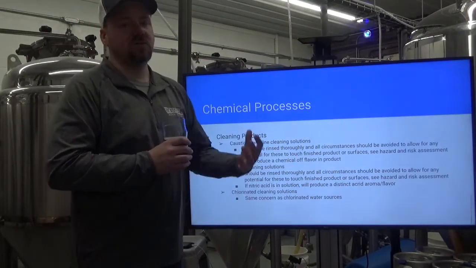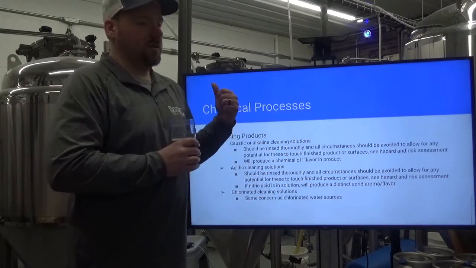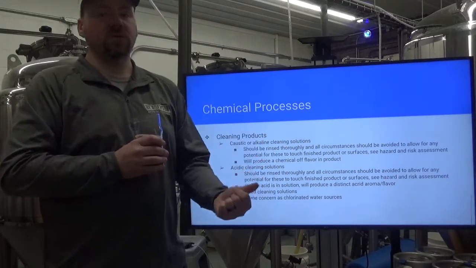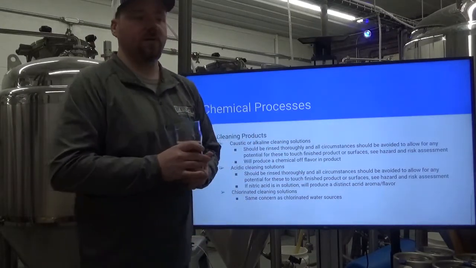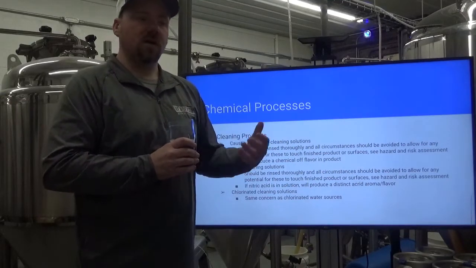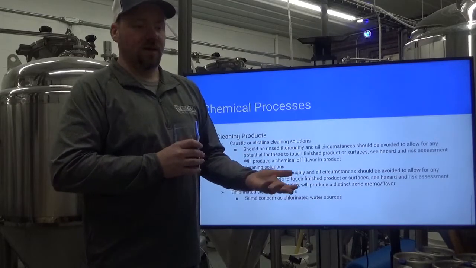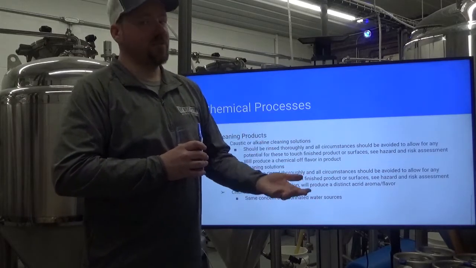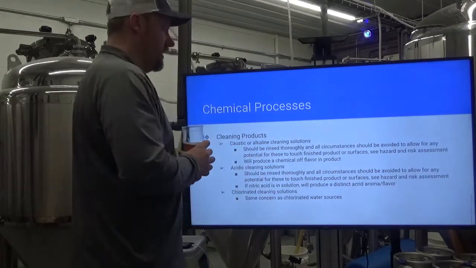Anything you use any kind of caustic or alkaline cleaning solution to clean, you need to get all that chemical residue out. It's a potential hazard. You go back to a hazard approach. It's a potential hazard in a finished product. We want to prevent that. It's also potential for causing flavor issues.